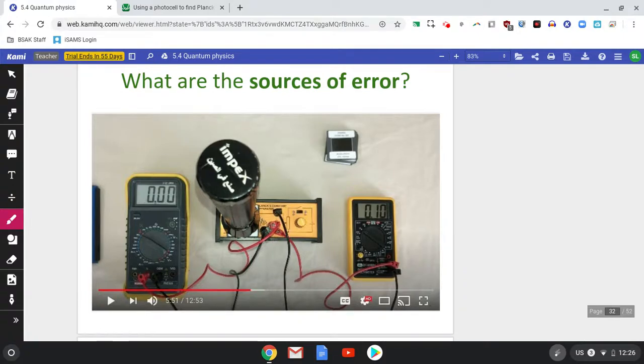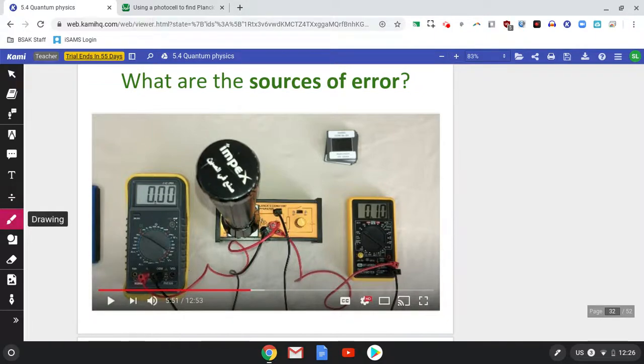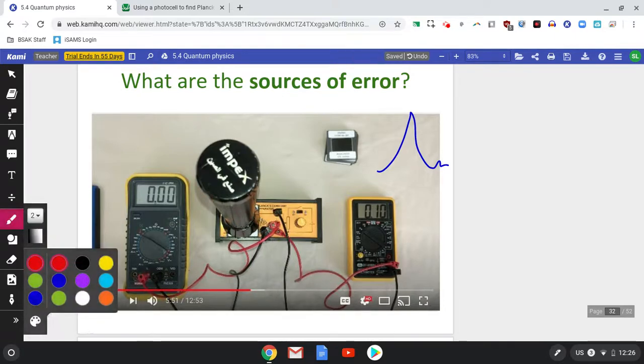Well, the first one, I think I discussed in the first video, when we were using the spectrometer to measure the actual wavelengths from the filters. Because the spectrum kind of looked like this, we were taking the peak as our value of wavelength.